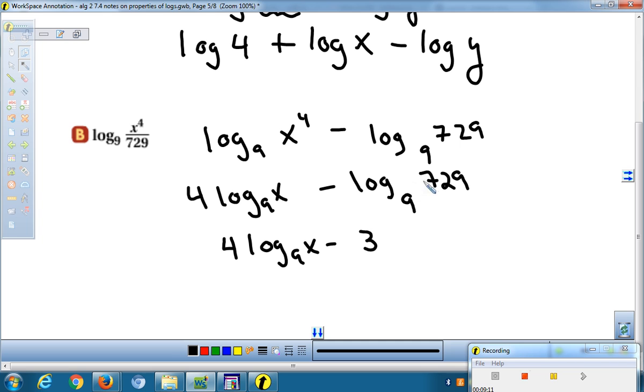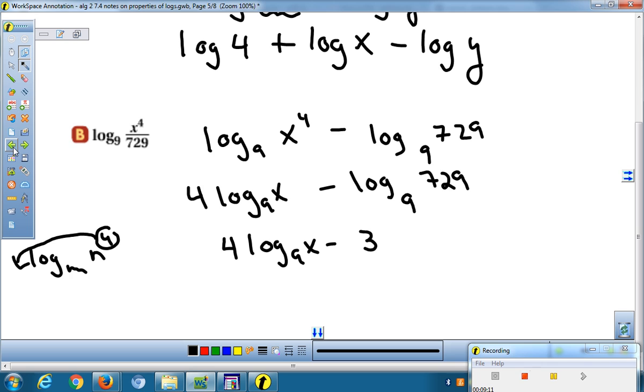Yeah, Amber? So I don't, how did you put the 4? The third property, the multiple property, is if we had log base m of n to the 4th, that 4 can come down in front as 4 log base m of n. Quietly.